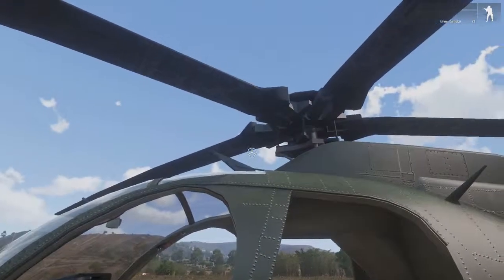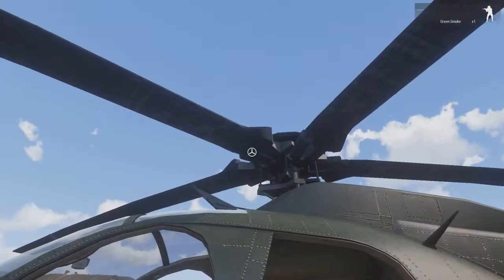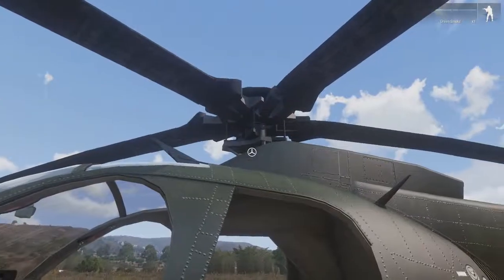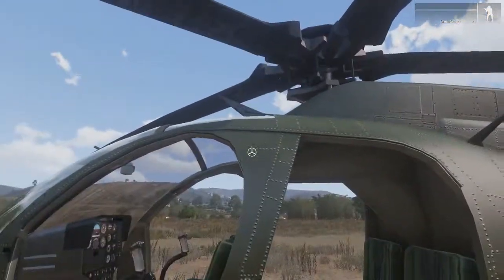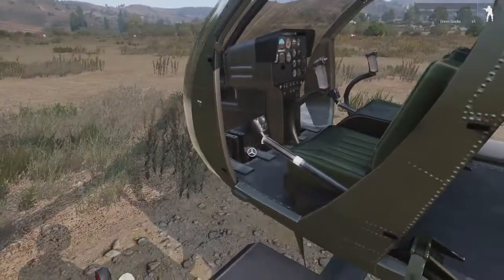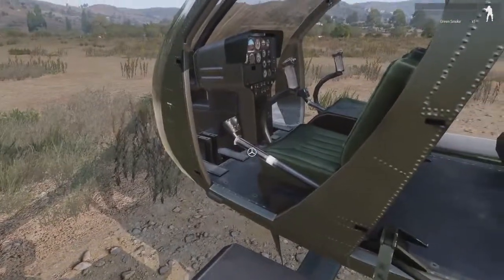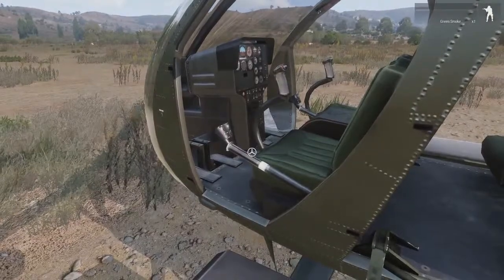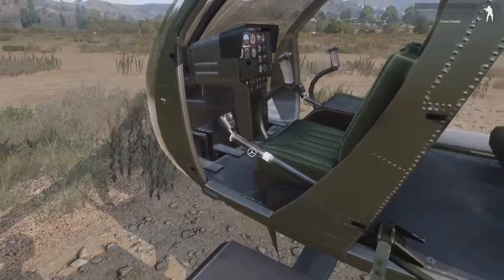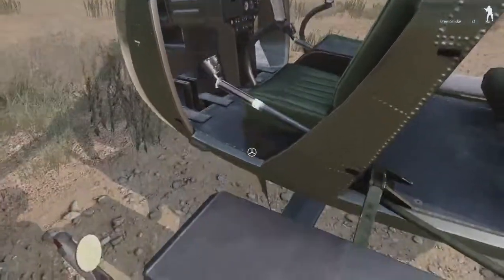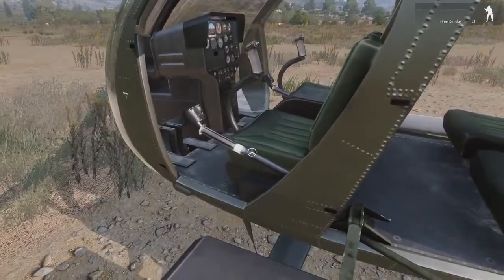This is what gives you actual lift. The more the angle, the more air that's pushed downwards, and the faster you can go up. At the same time, you'll also have a throttle control on there in a real helicopter. So as you increase collective to go up, you'll also be increasing the revolutions of the engine to maintain power. Right, let's get in and I'll have a quick discussion of what the items do.